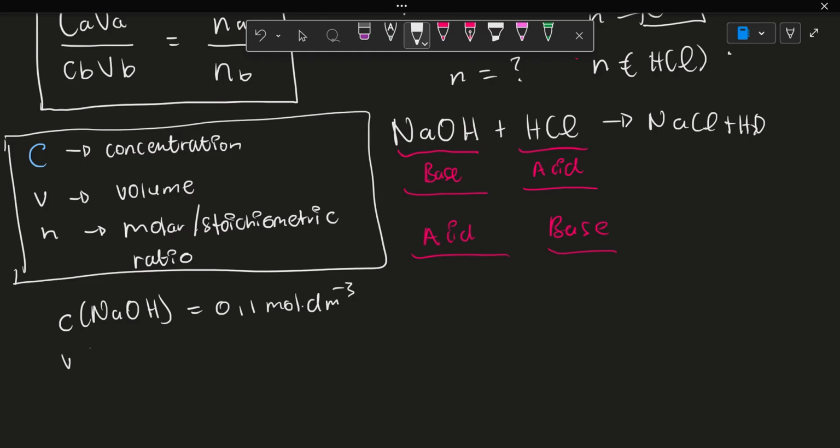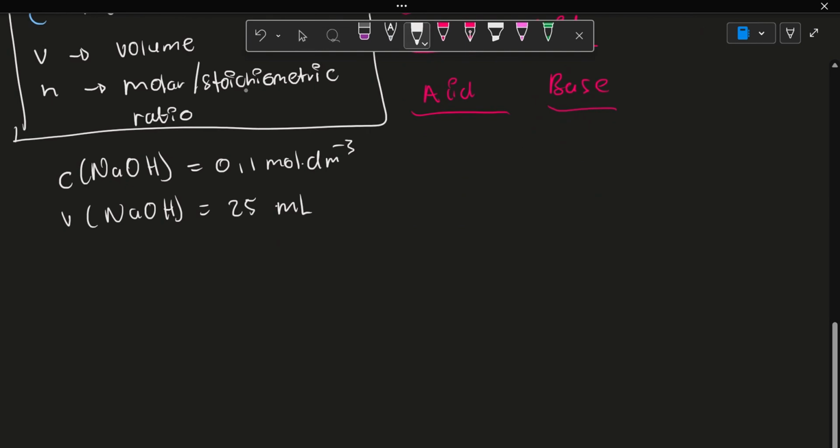And let's say we are given a volume of sodium hydroxide as 25 milliliters.